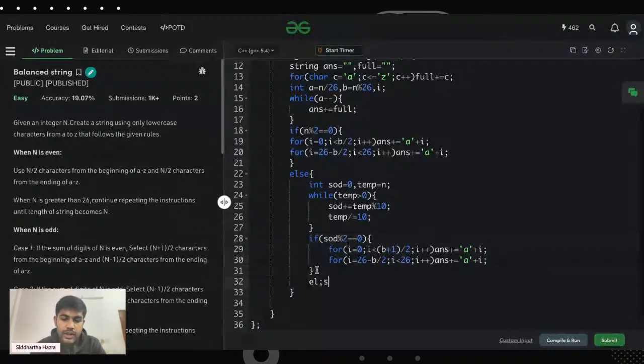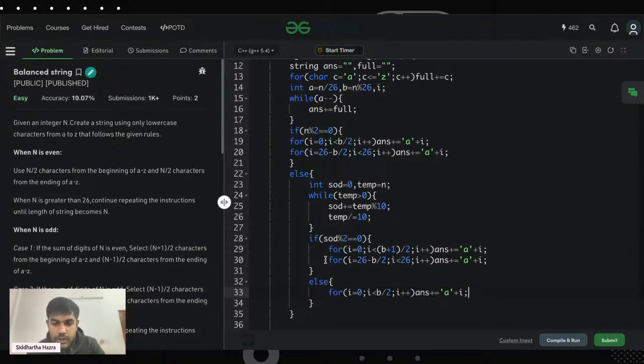And if this is odd, then just this would go up and down. So now b plus 1 would be here and b would be at the bottom.